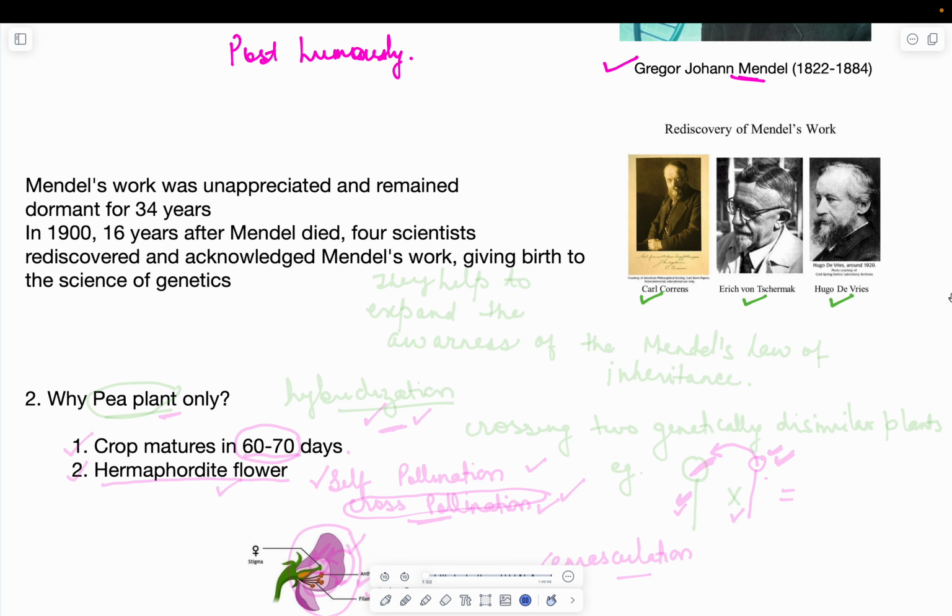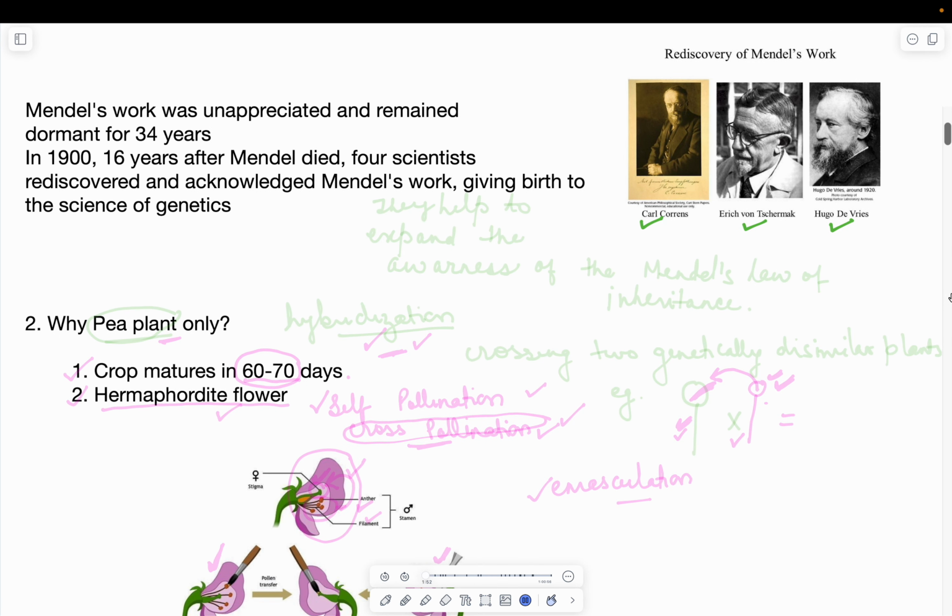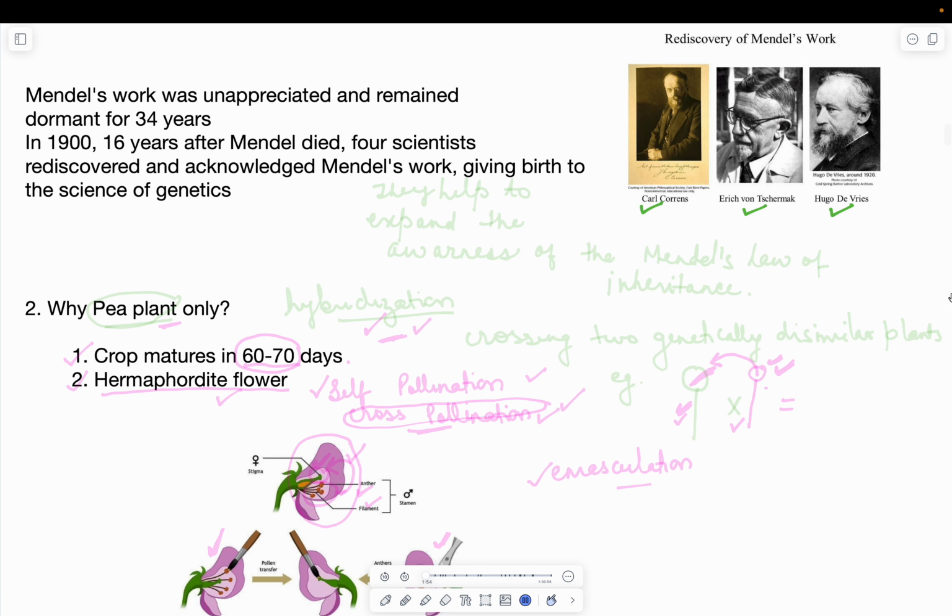These 3 scientists worked independently. They helped to expand the awareness of Mendel's law of inheritance.